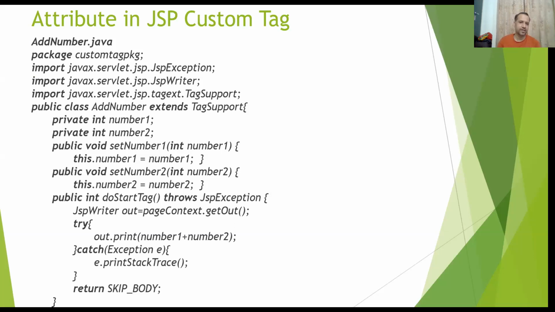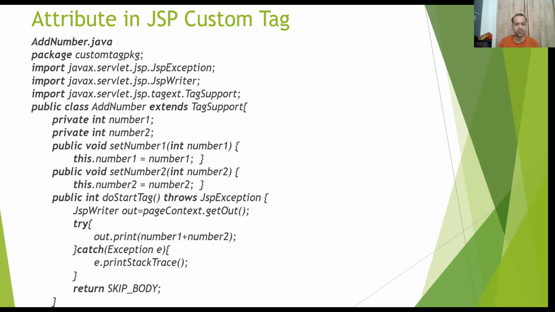I have created a private number 1 and private number 2, and there are two methods, set number 1 and set number 2, and one overridden method.